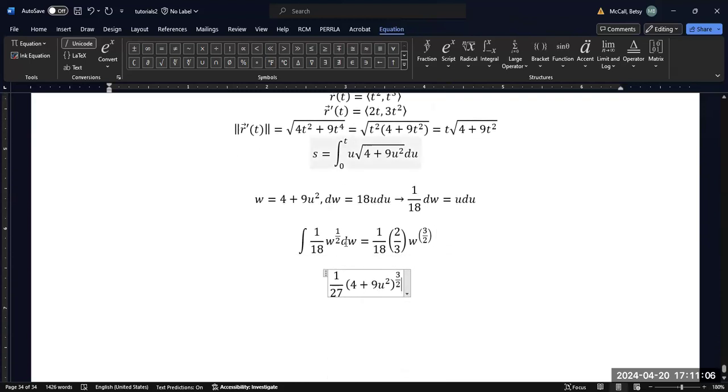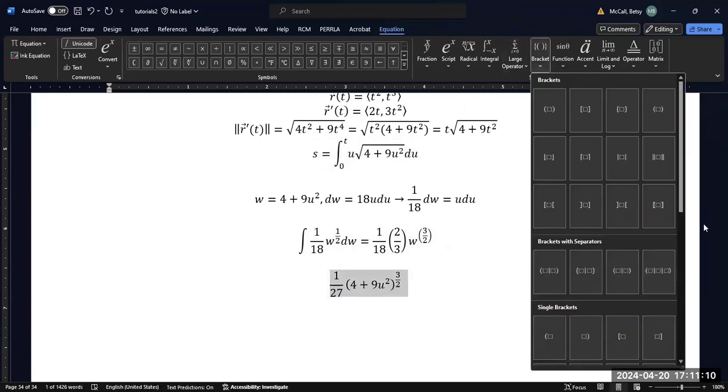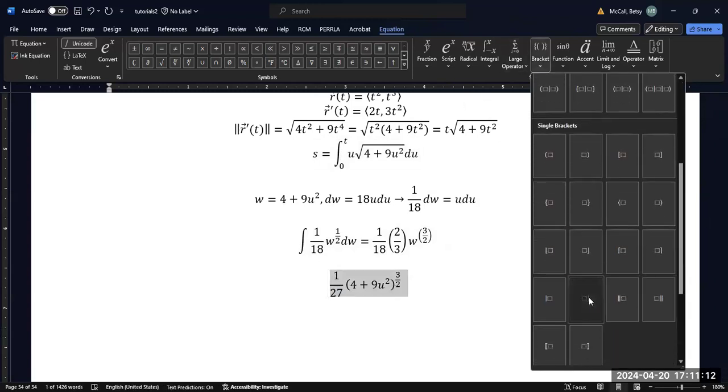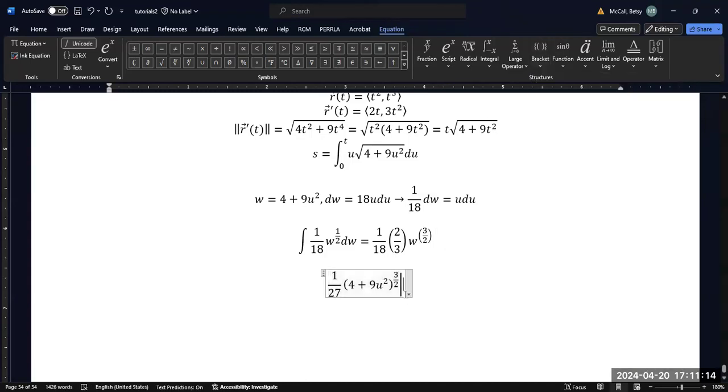And then in terms of my original dummy variable, I'm going to substitute 0 and t, which is going to give me 1/27.